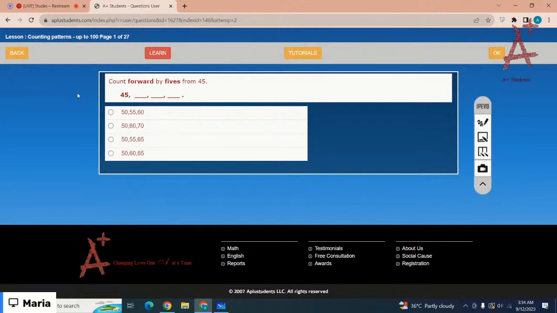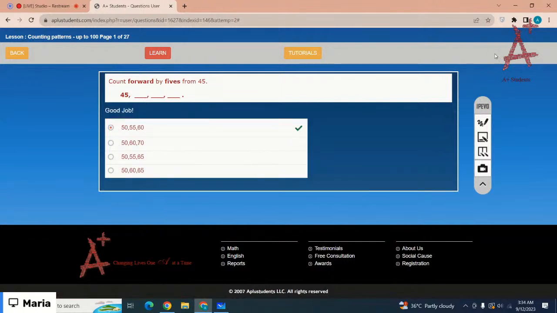Yes, the correct option is option number 1: 50, 55, and 60. For each next number you have to add 5.